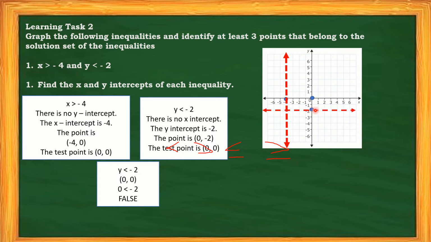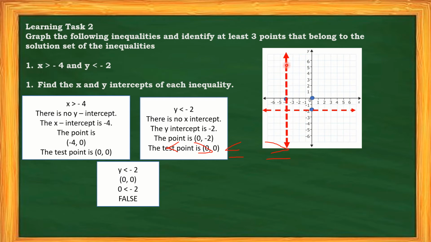This is what its graph looks like. Let us now have the shaded region for the first inequality. Again, we use a broken line since our symbols are less than and greater than, with no or equal to. Only when there is an or equal to do you use a solid line.